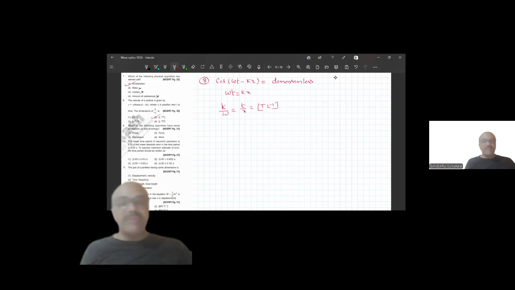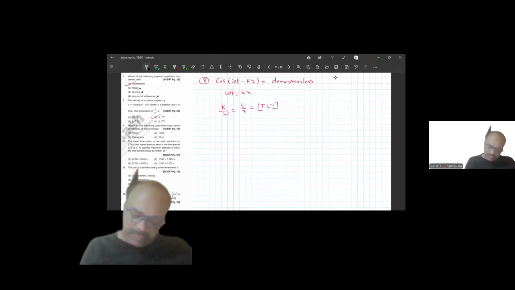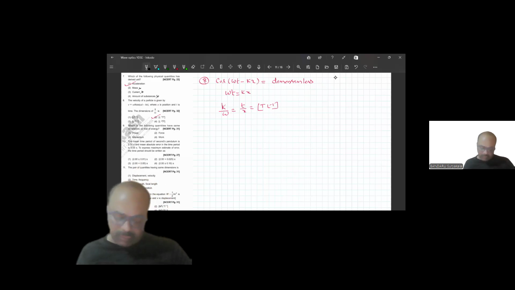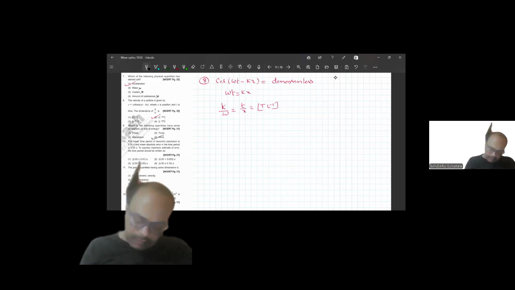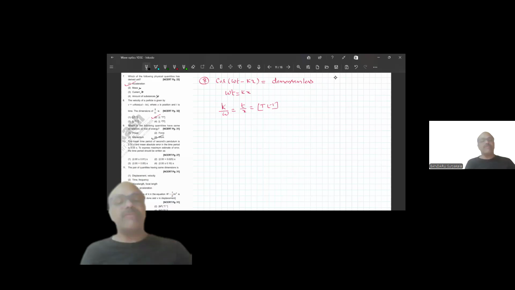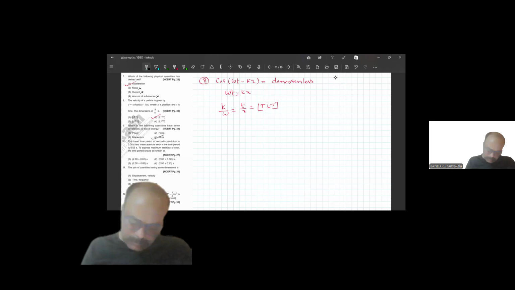Next, the ninth one. Which of the following quantities have the same dimensional formula? Energy and work both have the same dimensional formula. Okay. Next, the 10th one. Express the maximum error they ask.